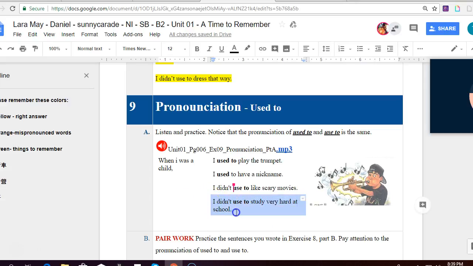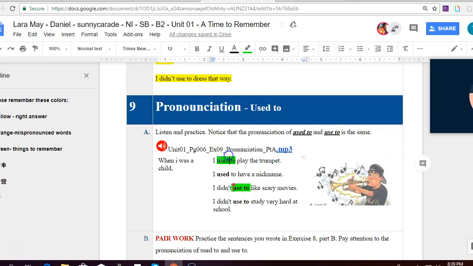Okay, so the last sentence, can you please read? I didn't used to study very hard at school. Okay, so now, as you have heard yourself, when you pronounce this word, and this word, they are just the same, right?